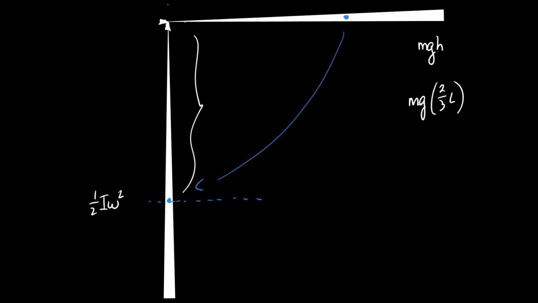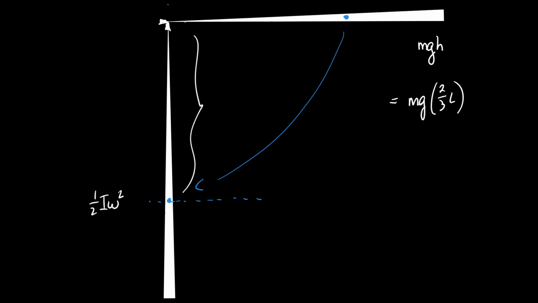So I believe the object begins with gravitational potential energy and ends with rotational kinetic energy. And I'm going to assume that this represents the baseline level for the object. So my height's going to be measured relative to the center of mass. Center of mass is 2/3 L. So that means that my gravitational potential energy is mg times 2/3 L. That's how high it is above the reference level.